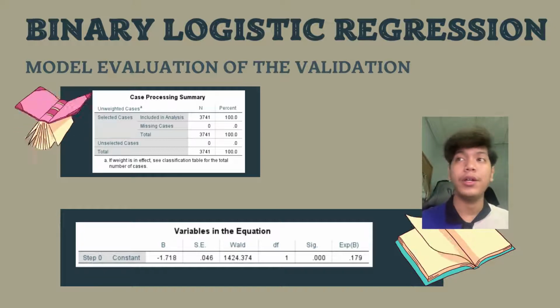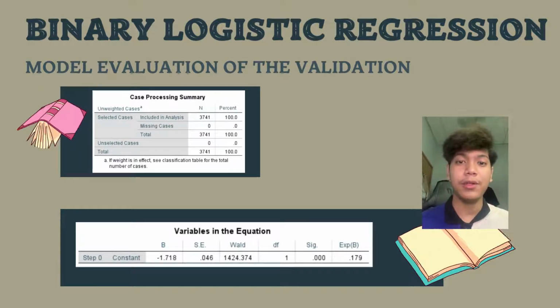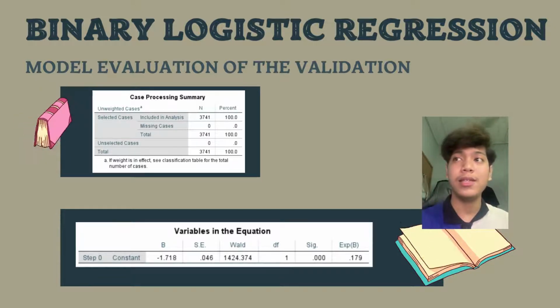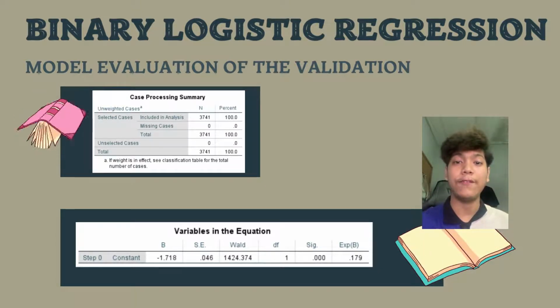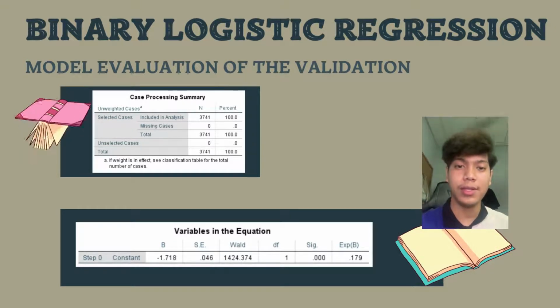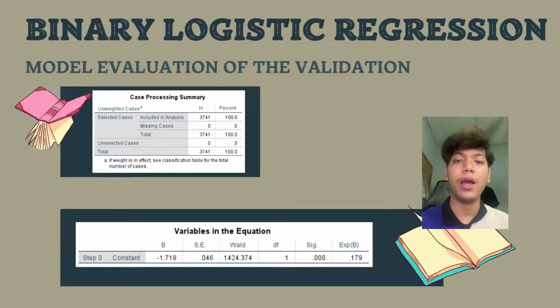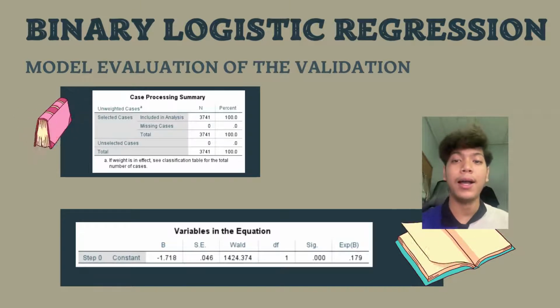For the variables in the equation table, we can see that B is equal to negative 1.018, and we use the odds to probability formula. The result is 179 will have coronary heart disease, while 1000 will not have coronary heart disease.